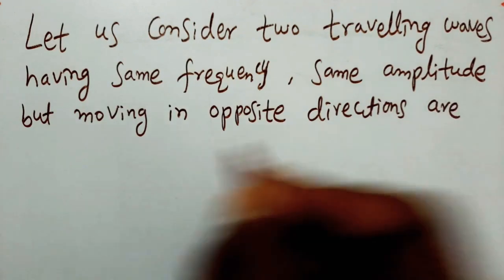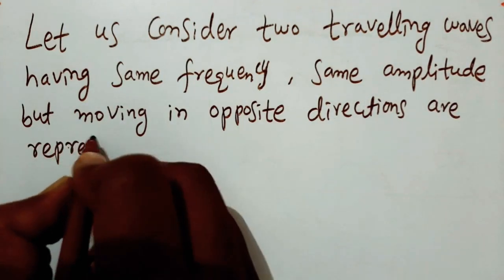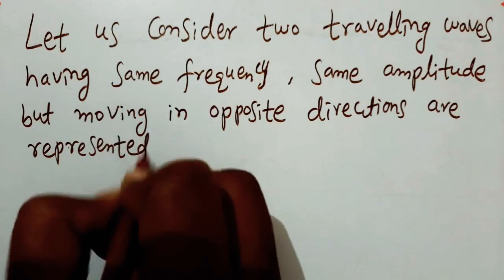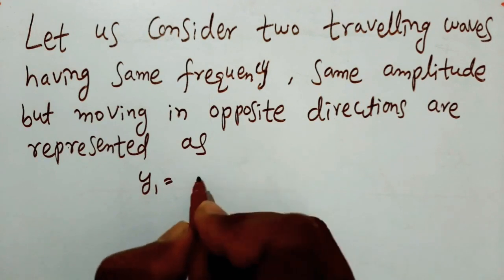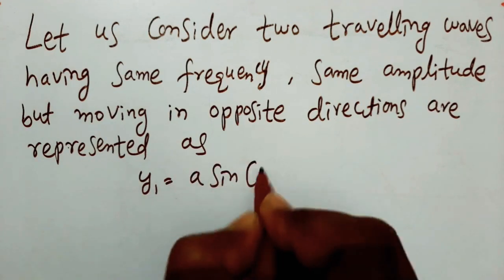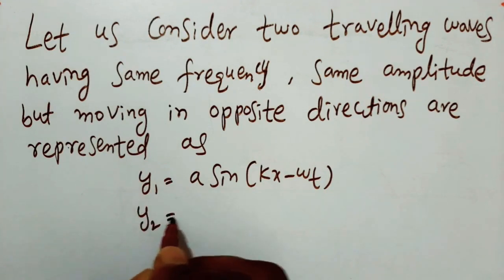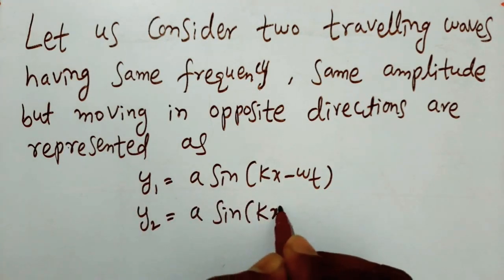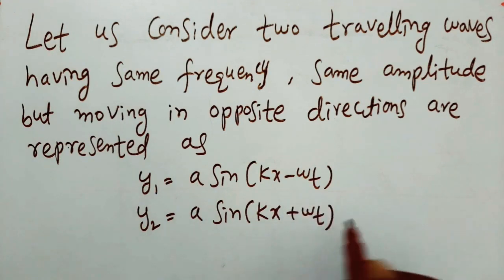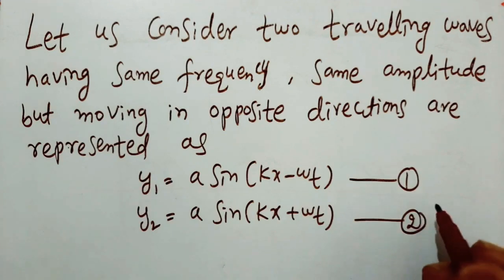They are represented as: here y1 is equal to a sin(kx minus omega t), y2 is equal to a sin(kx plus omega t). Let us take this as the first equation and this as the second equation.